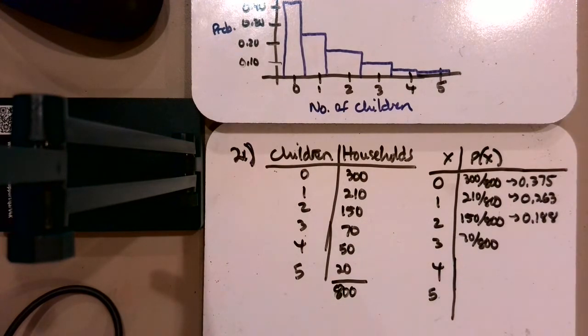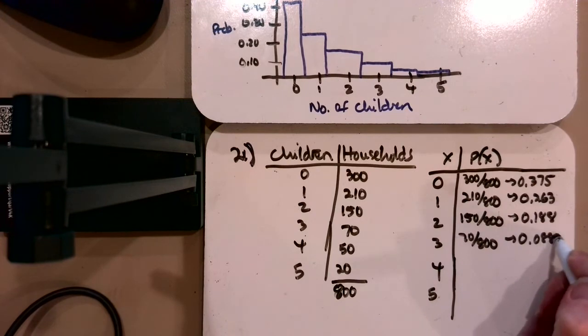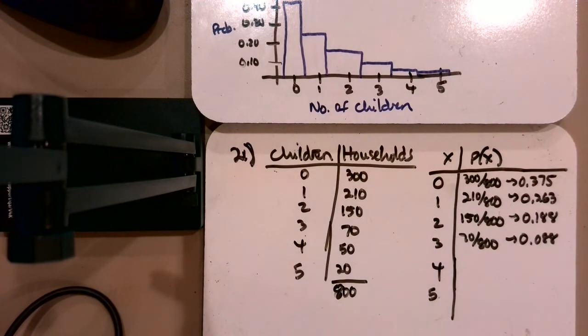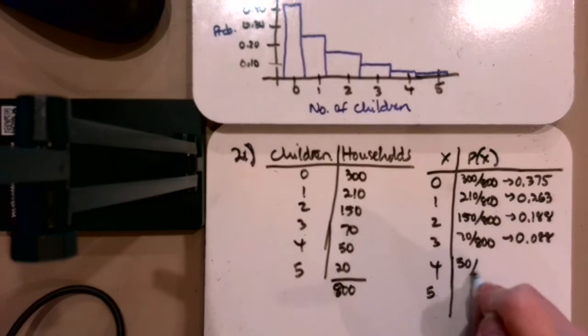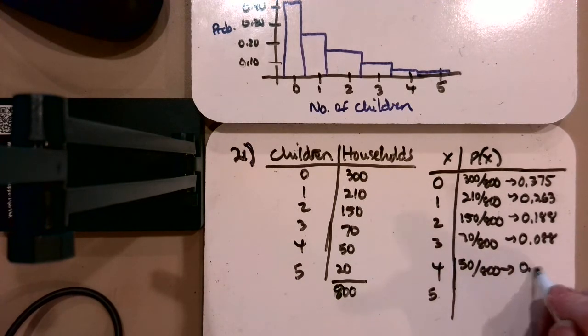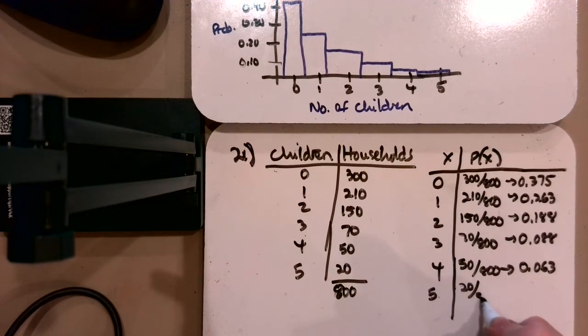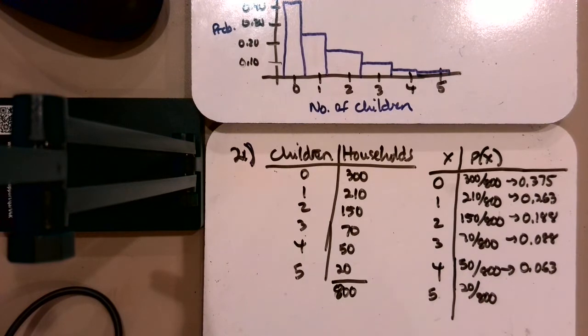So 0.0875, so about 0.088. Probability of 4 children, 50 divided by 800. 0.0625, so 0.063 approximately, rounding to 3 decimal places, and probability of 5 children, 20 over 800. 0.025.